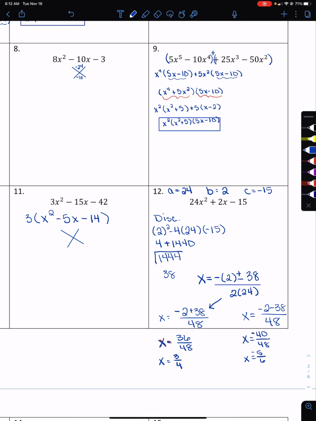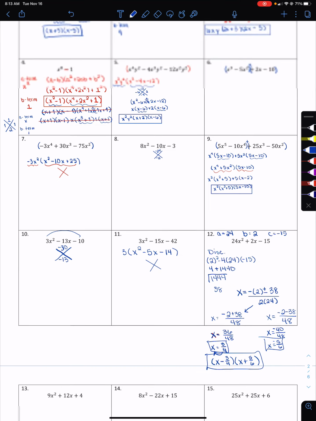When I move this back to this side, the factor would be x minus 3/4, and the other factor would be x plus 5/6. Okay. Now, on the third page here, where it asks you to solve it, this is your solution. But when they're asking us for factors, we're looking for what were they multiplying. Okay. All right.